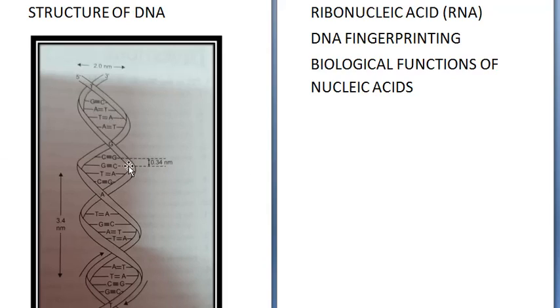Okay. Then there is a term, DNA fingerprinting. This is a technique. The scientists look for a number of short fragments of DNA, and the base sequence of DNA is unique for an individual, just like our fingerprints.